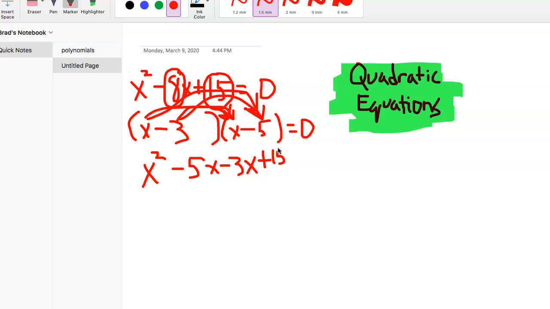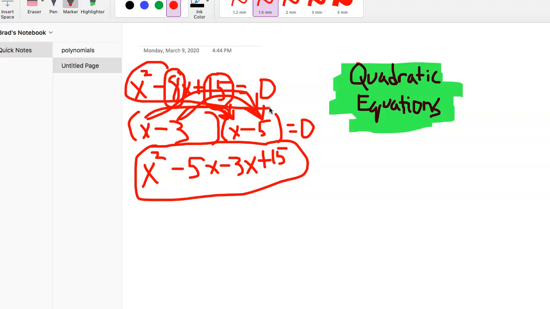We're just checking to make sure we put in the right numbers. This thing right here and this thing right here are the same: x squared, negative 5x minus 3x is negative 8x, so x squared minus 8x plus 15.